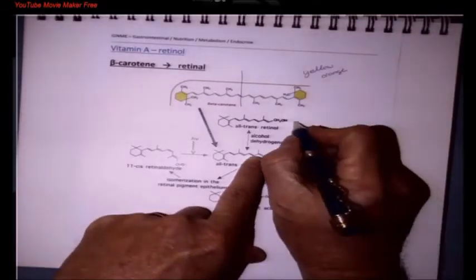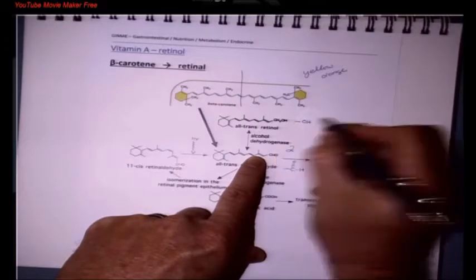The end, of course, is the aldehyde structure. Aldehydes are very reactive, so we have to be very cautious on how this aldehyde circulates. So we're going to convert this aldehyde to an alcohol, and that is retinol.